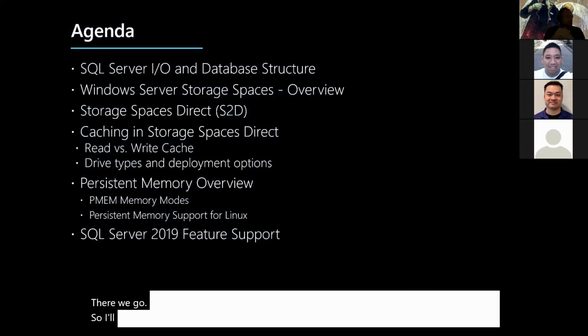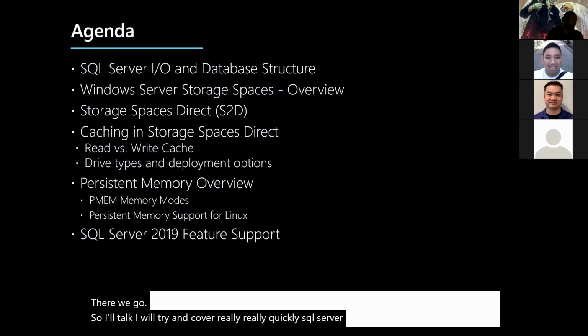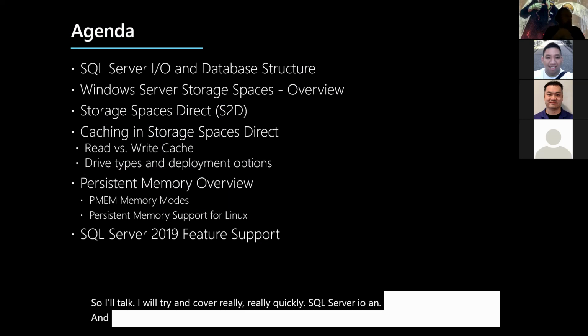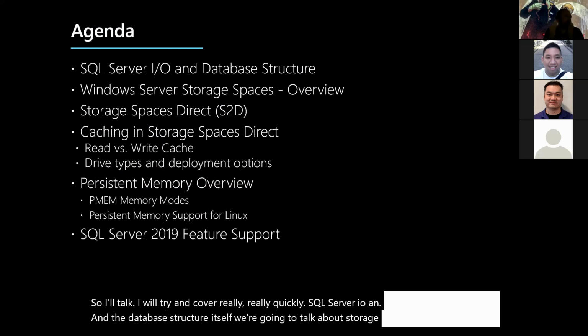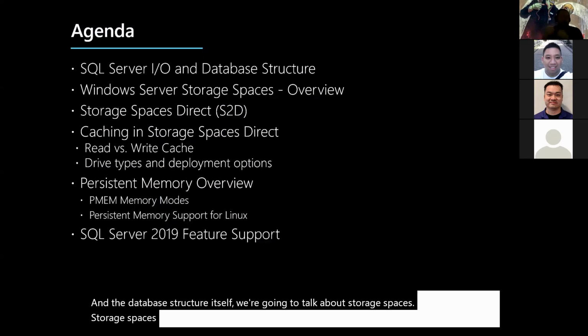I will try and cover really quickly SQL Server I/O and the database structure itself. We're going to talk about storage spaces and storage spaces direct, which you might imagine are the same thing, but they're not.